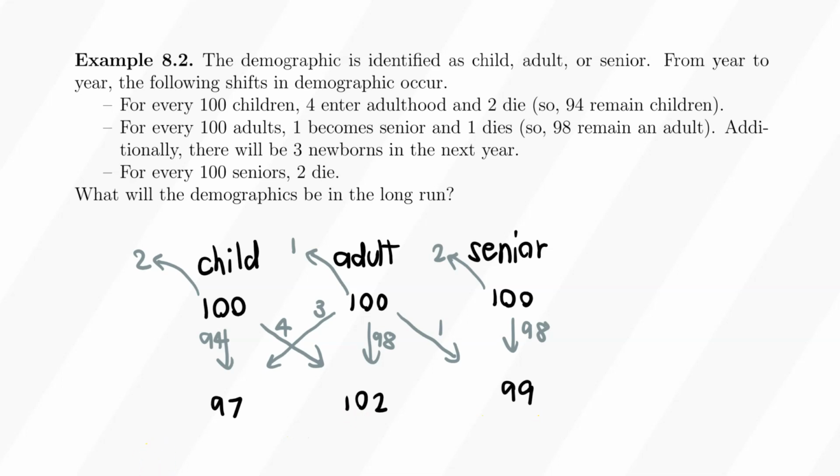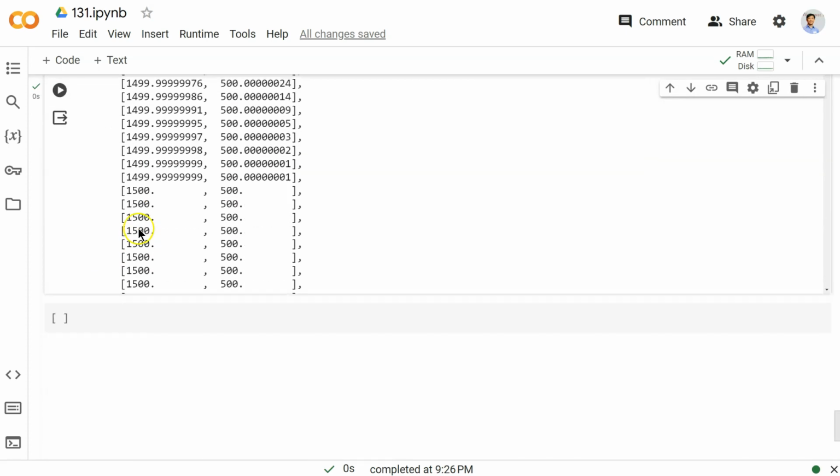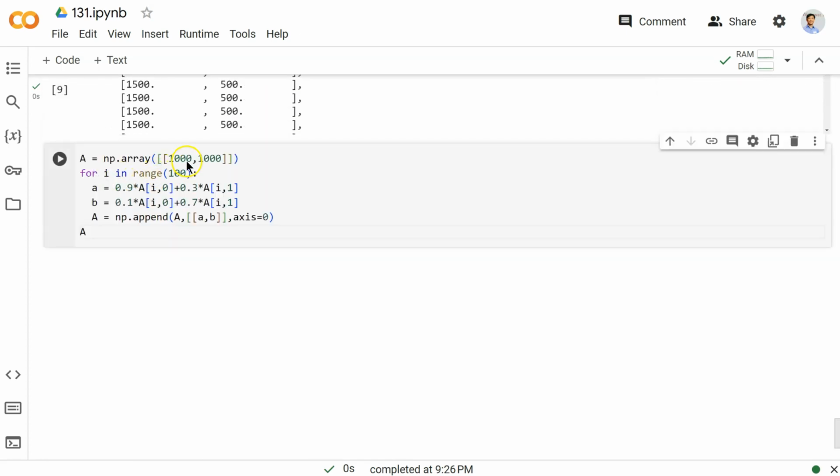Now this is a little hard to guess, so let me just pull up my Python. Let me actually just copy and paste my old code from earlier. So now my matrix A is gonna have 3 columns. It's going to be 100 children, 100 adults, and then 100 senior. Remember again that in Python, the column will start with column 0.